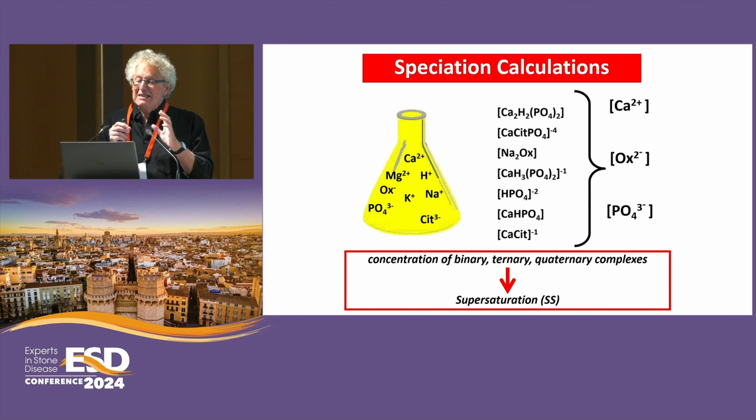That is calcium that's bound in the urine solution to other chemicals. We're not interested in that in terms of working out what the supersaturation is. We're interested in the Ca2+, unbound, and the unbound oxalate and the unbound phosphate. And this is what helps us to determine the supersaturation.